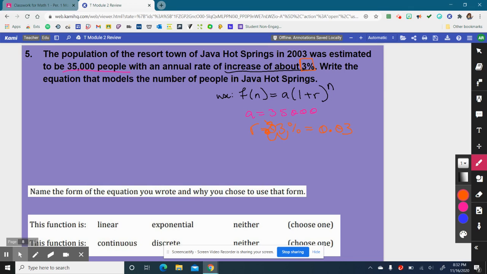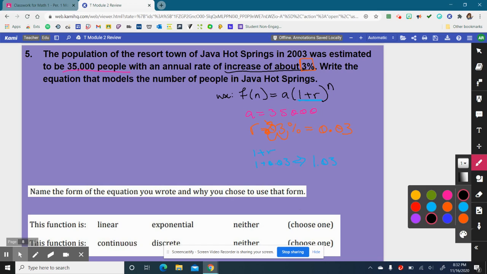So we have 0.03. But 0.03 isn't what we end up adding by, right? No. We have to figure out what 1 plus r is. Well, we have 1 plus 0.03, and that turns into 1.03. So that's what we multiply by.